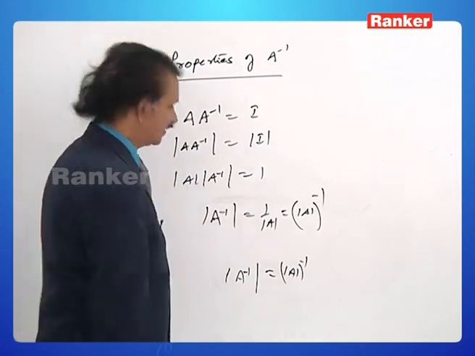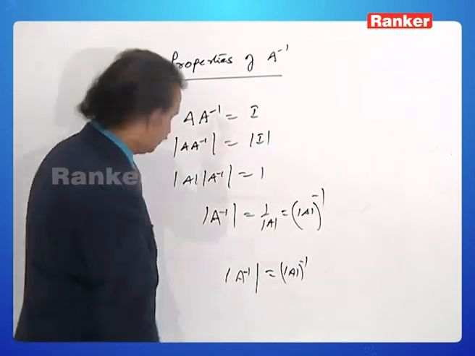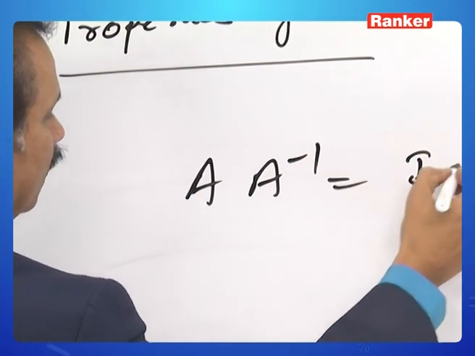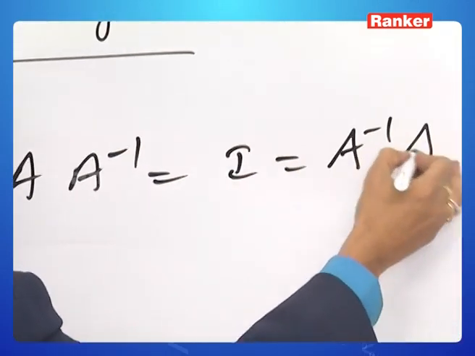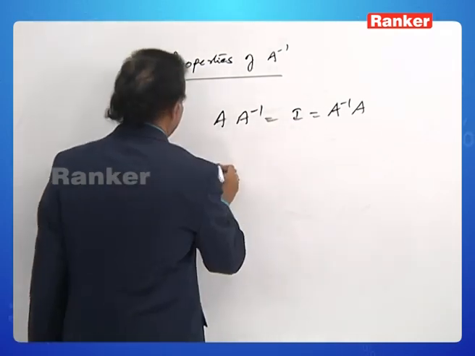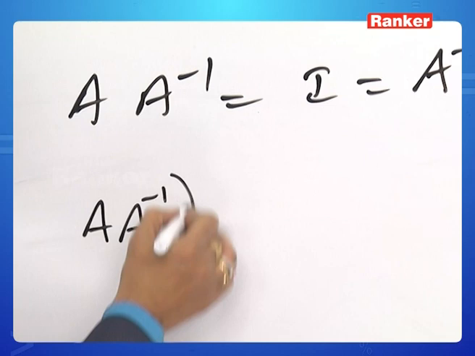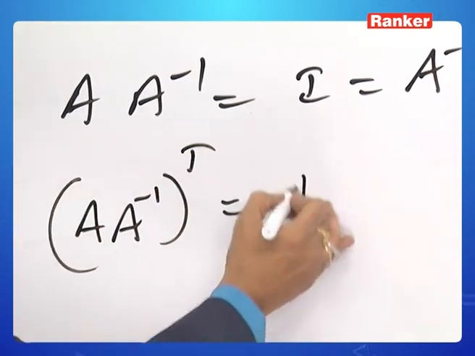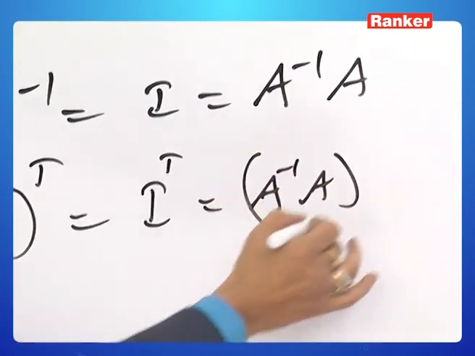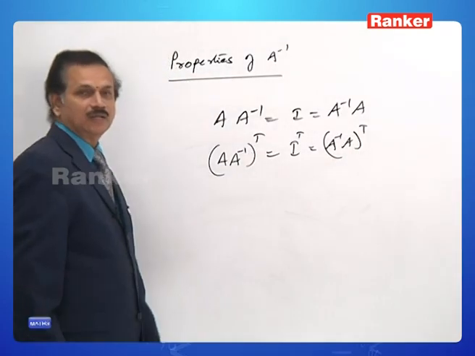Good. Next one. Another result. A into A inverse is equal to I is equal to A inverse into A. By taking transpose on all the sides, we have A inverse whole transpose into A transpose is equal to I transpose is equal to A transpose into A inverse whole transpose.